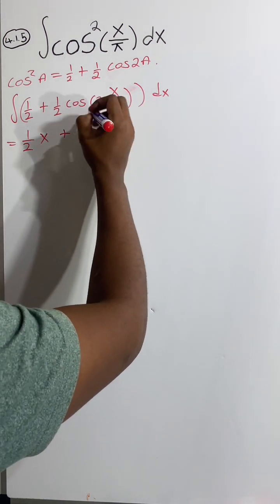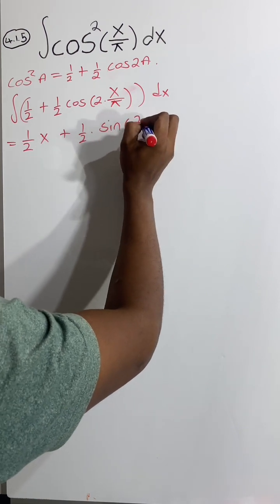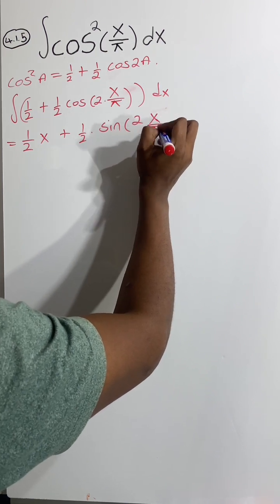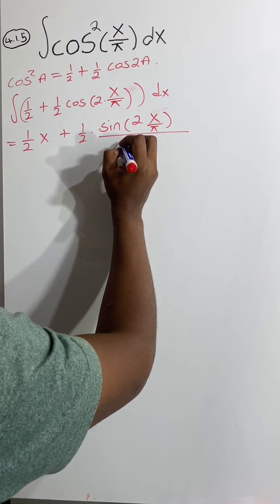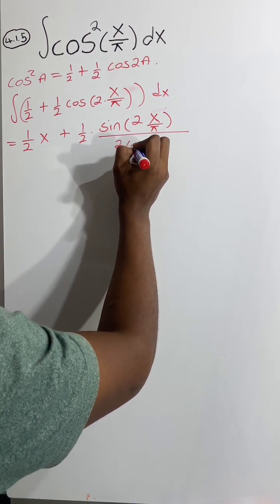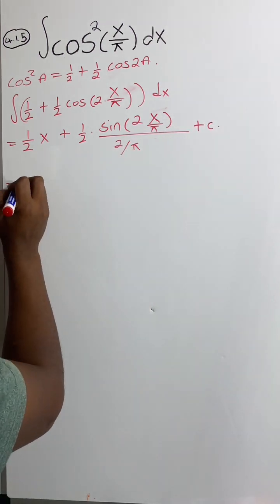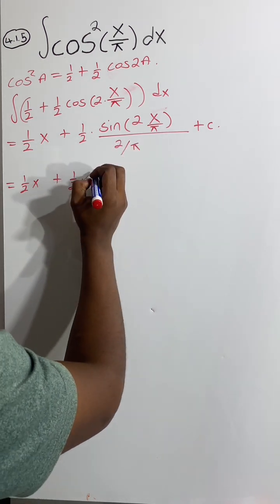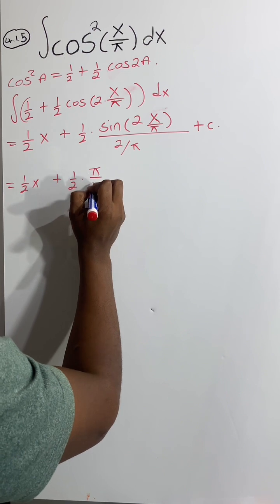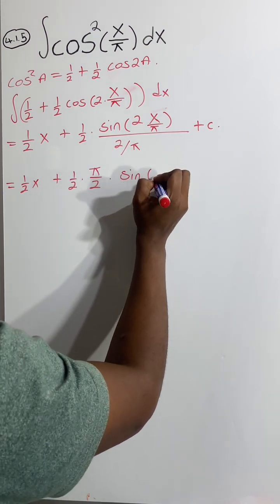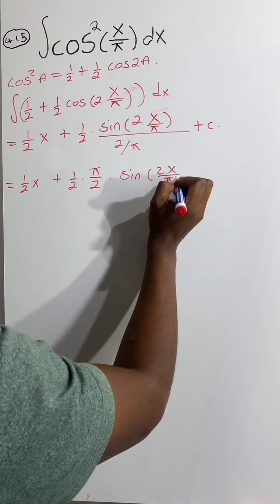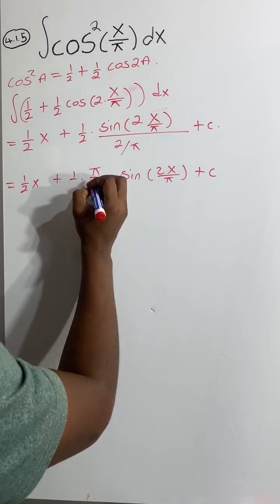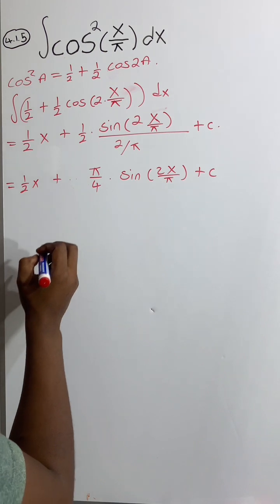When we integrate that cos we get sine of 2x over pi, and because of the chain rule we have to divide by 2 over pi plus c, and that denominator can be expressed as pi over 2 sine of 2x over pi plus c. 1 over 2 multiplied by that 2 will be 4. So we'll have pi over 4, or we can use the formula sheet.